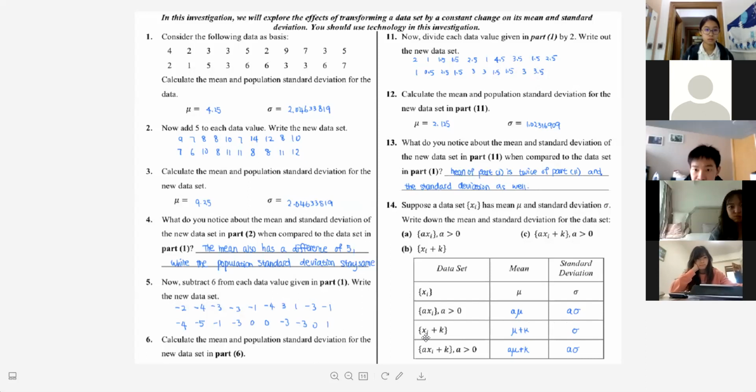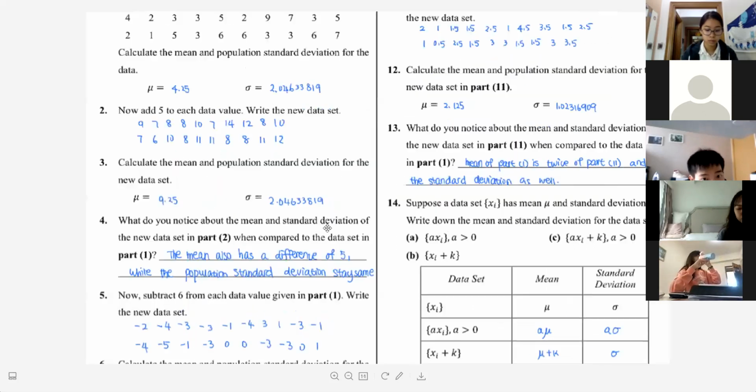If this data, xi, is the original data with mean mu and standard deviation sigma, and every xi is increased by 5, then the mean is increased by 5, but the standard deviation remains unchanged. So that's correct. Now, Krista, you could write by saying the mean increased by 5 while the standard deviation stays the same, like you said. Okay, good job.